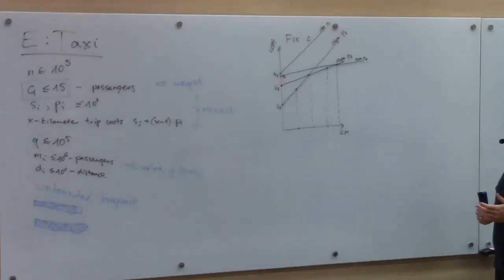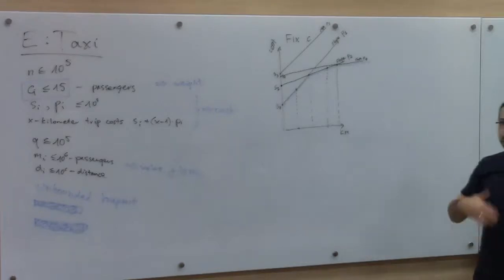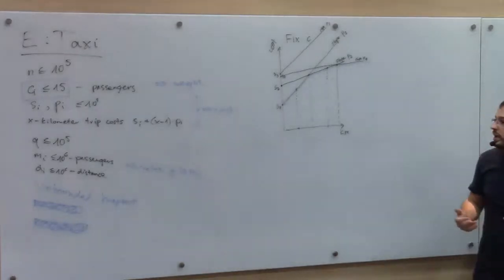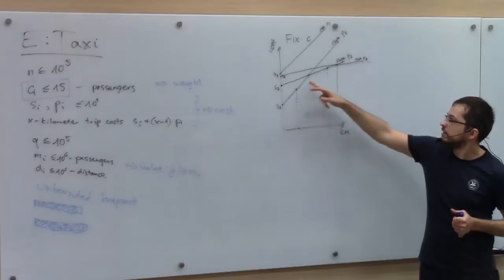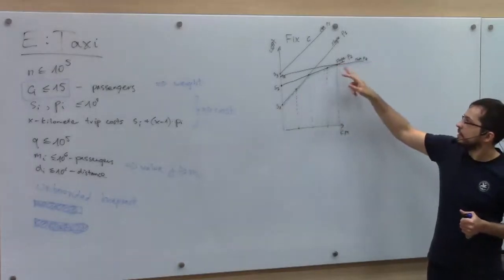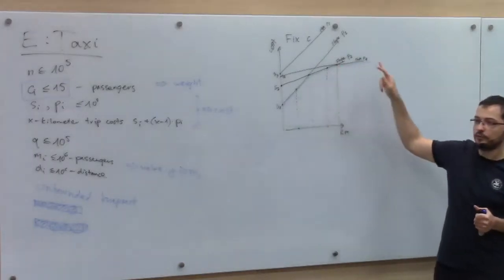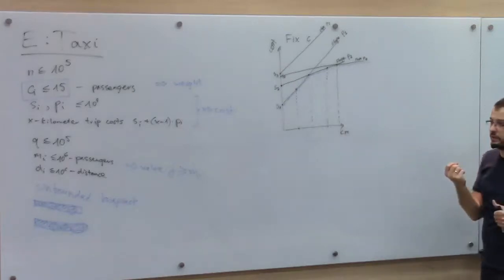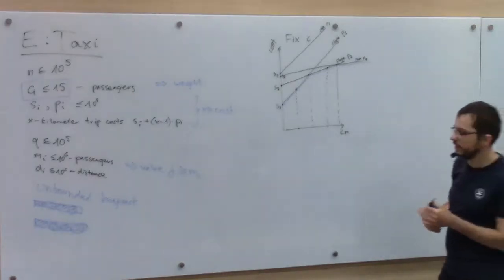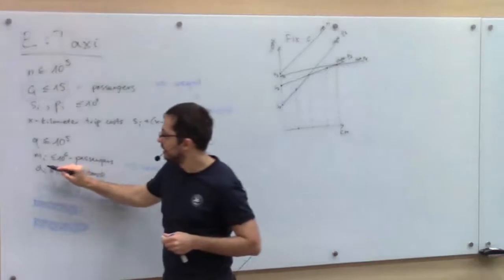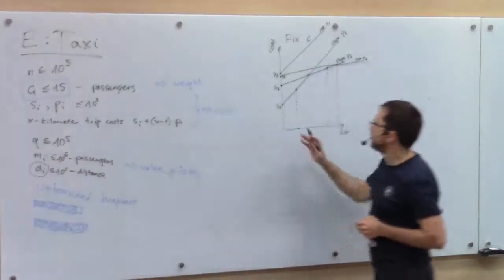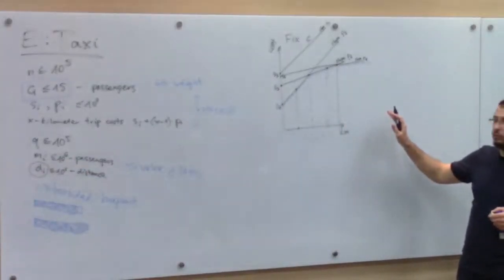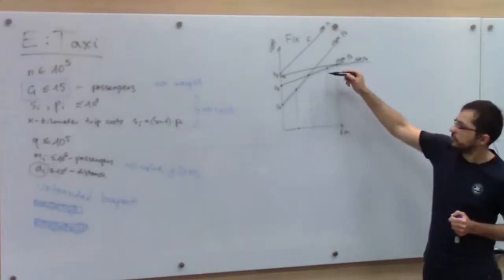So basically, what can we do? Either we can do some pre-processing and calculate this lower envelope, and then if we have some fixed number of kilometers, some d_i, we can just do binary search over this envelope to get the minimal cost.